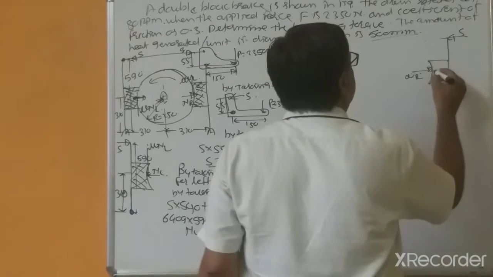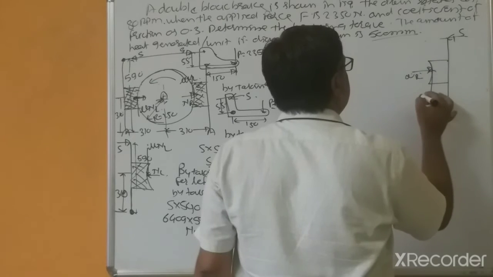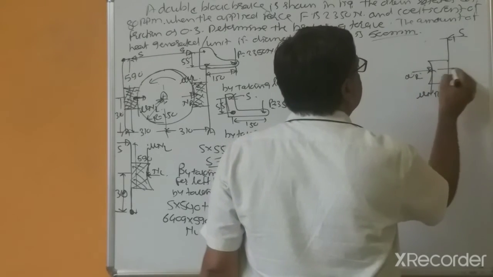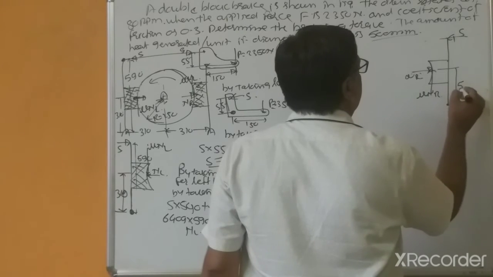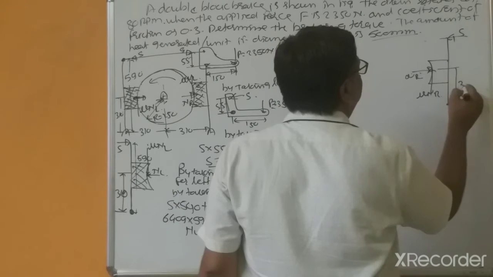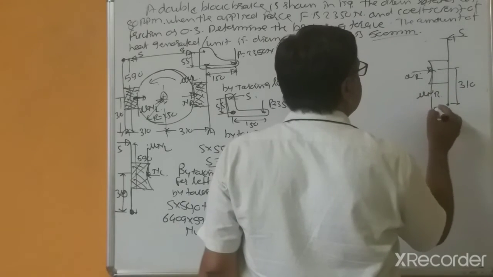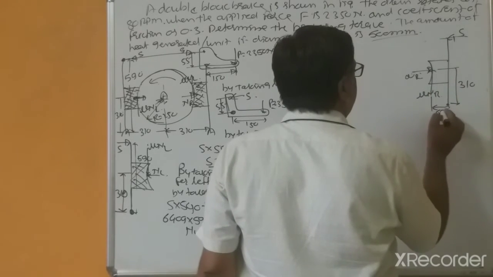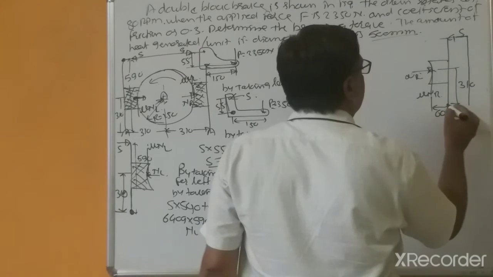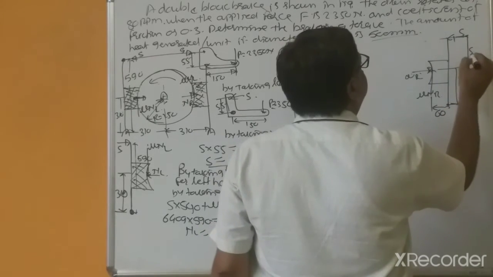Likewise, this is mu NR. This distance is equal to 310. Again this distance 60 and this distance 590.